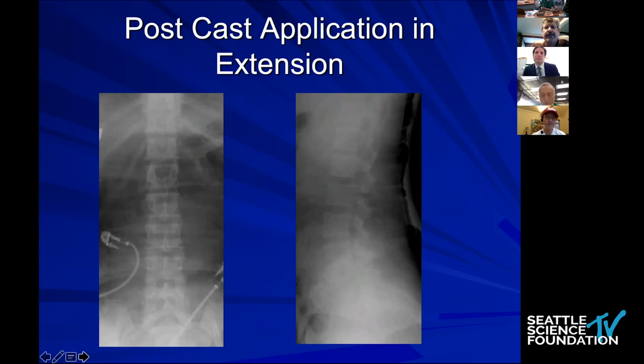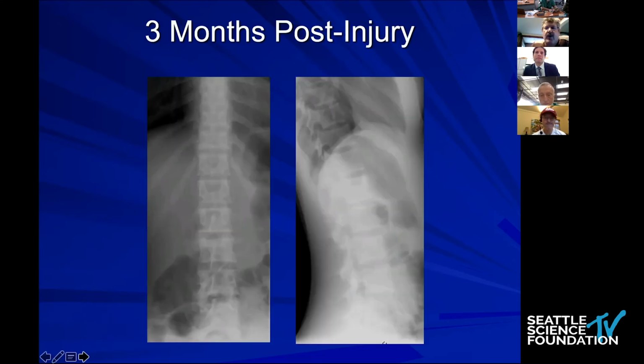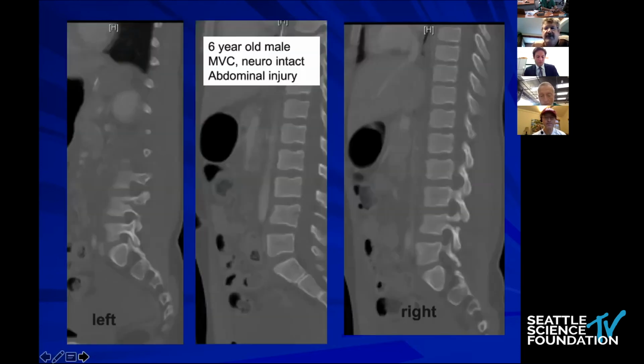So this is a patient who we placed in a cast. You can see it has an anatomic reduction. At 3 months, it's healed and the fracture is completely invisible. Oftentimes, we'll treat this now with a short percutaneous instrumentation system rather than a cast for ease of nursing care, and then remove the hardware at a later date.